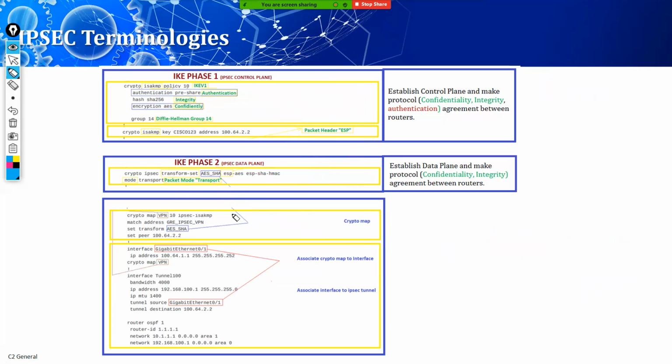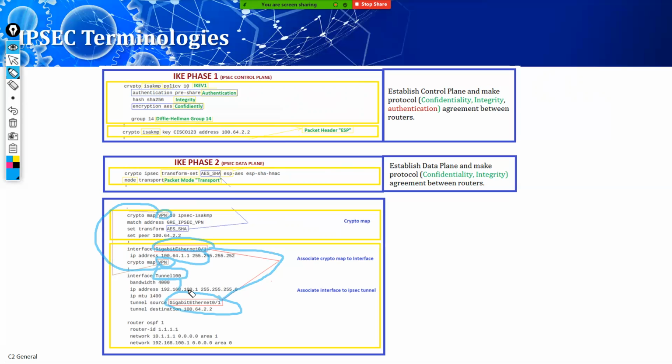And here, if you notice, we have made a crypto map. Its name is VPN. We are mapping this map to the interface, and the interface is associated with the GRE tunnel.